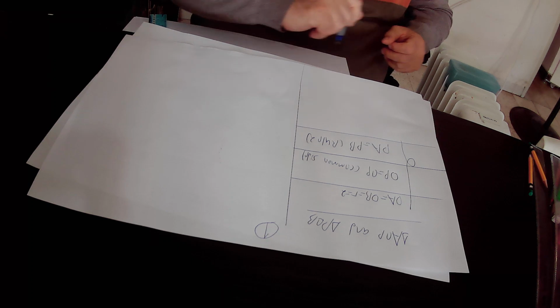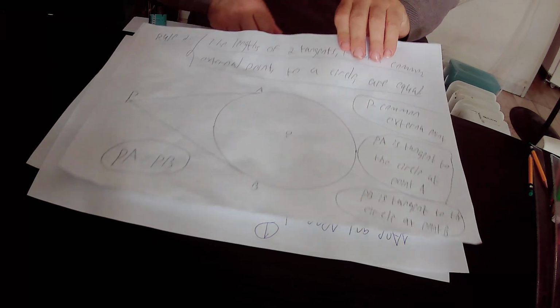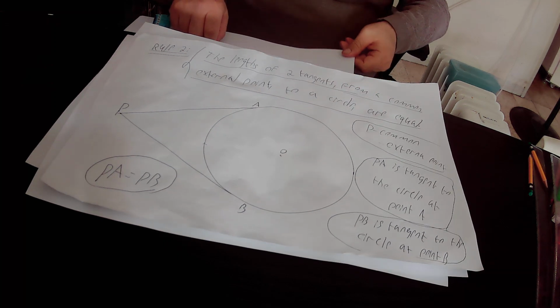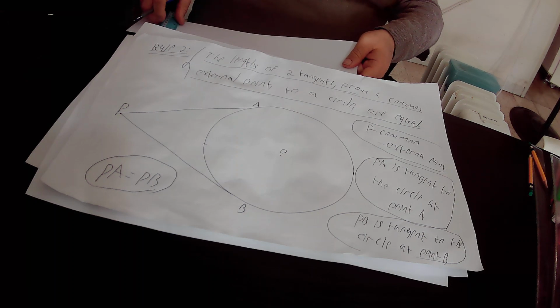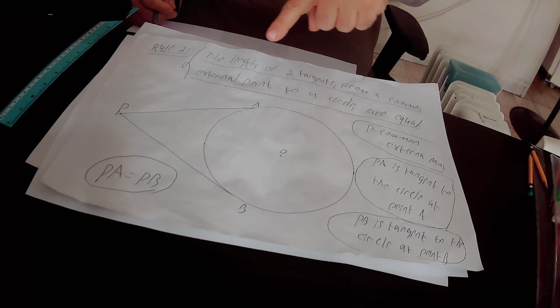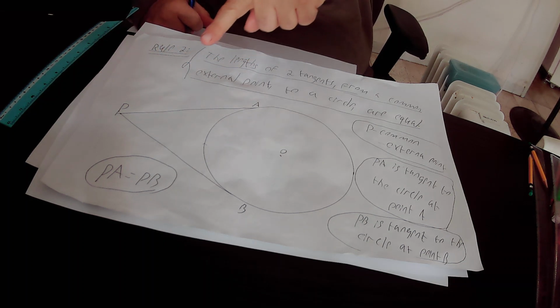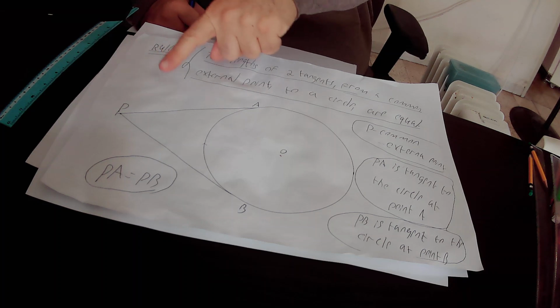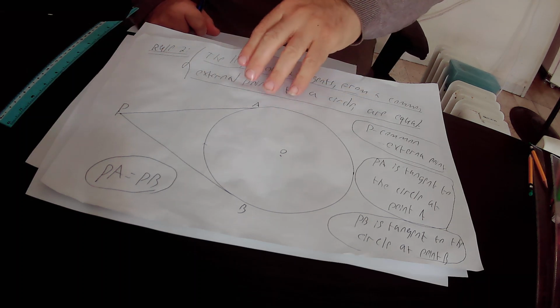Let me quickly repeat rule 2. According to rule 2, the lengths of two tangents from a common external point to a circle are equal. So in the drawing we have a circle and a common external point, point P. From point P, we have two tangents to this circle, tangent PA and tangent PB. According to rule 2, they are equal to each other. That is to say, PA equals PB.